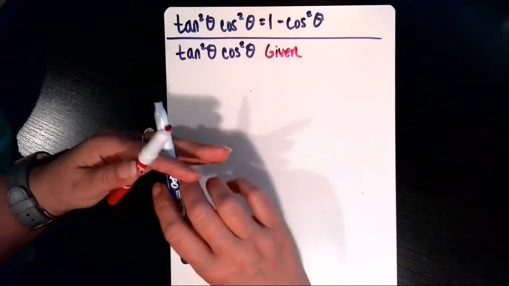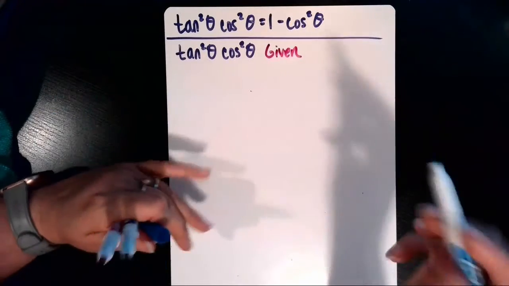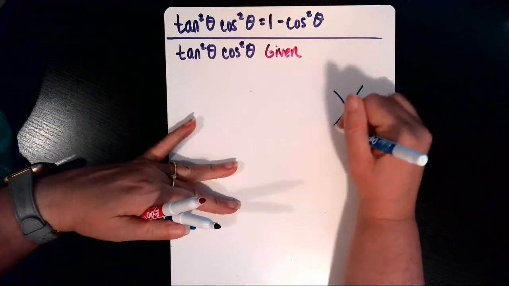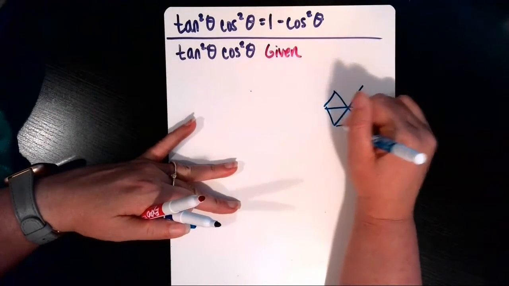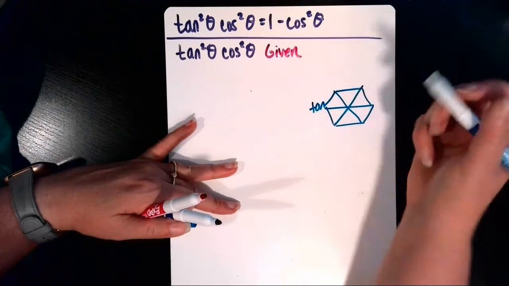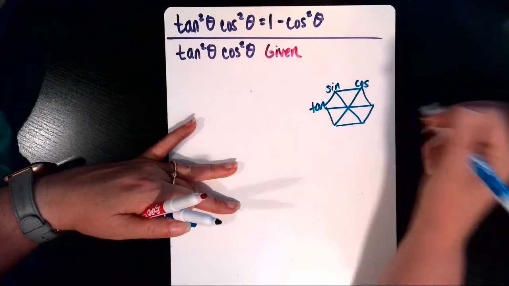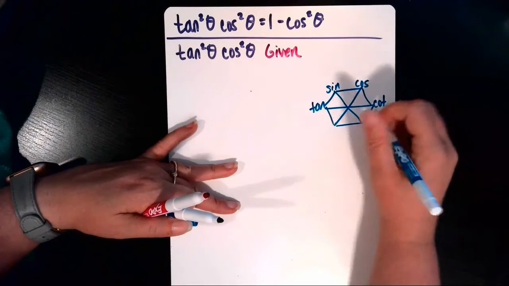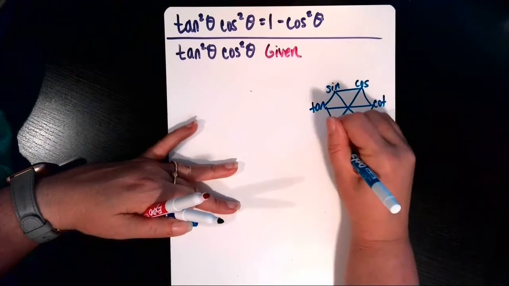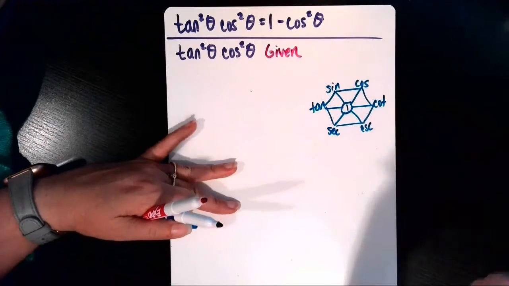Okay, and if we jot down our trig identity hexagon to help us recall the fundamental trig identities, off to the side here, we have tangent on the left, then sine, cosine, cotangent, cosecant, and secant, and the center always gets a 1.